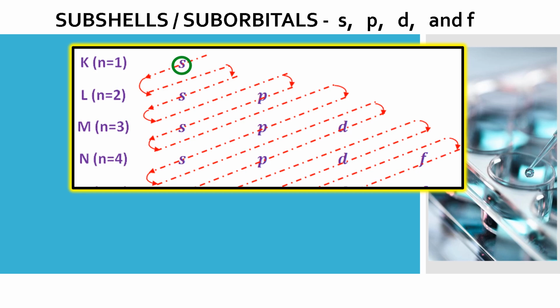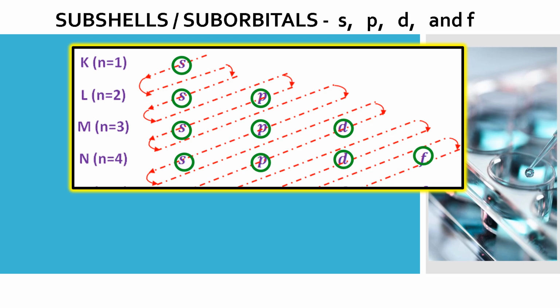The shell L has 2 subshells, S and P. Shell M has 3 subshells, S, P, and D. Shell N has 4 subshells, S, P, D, and F.